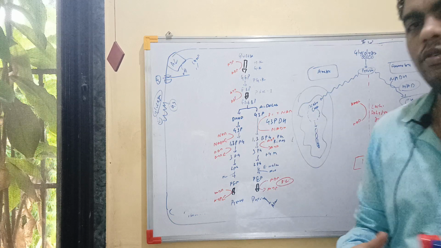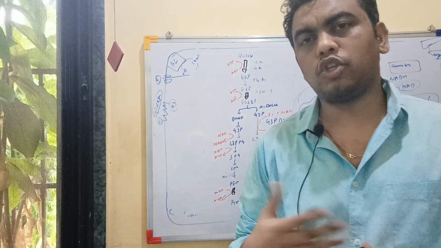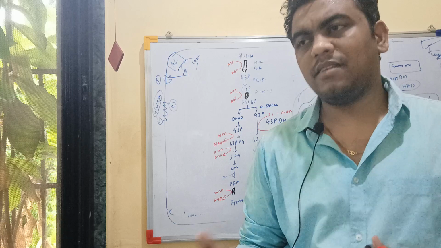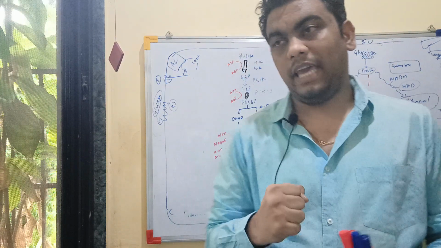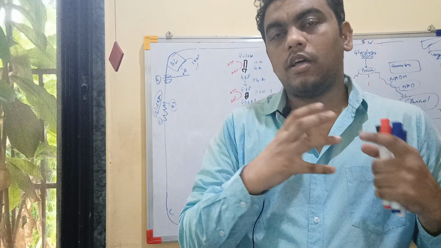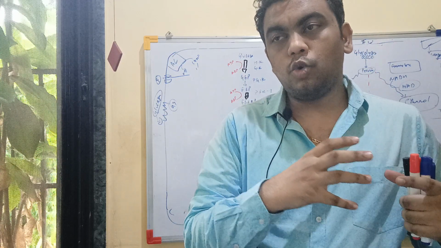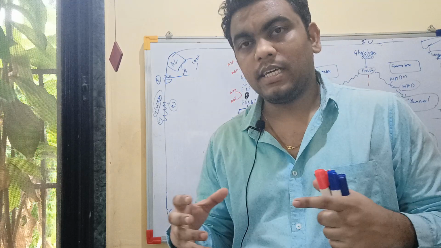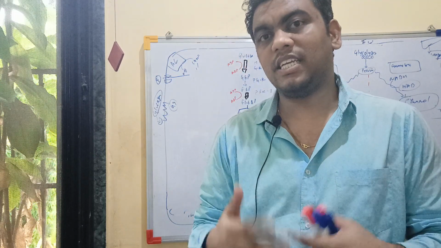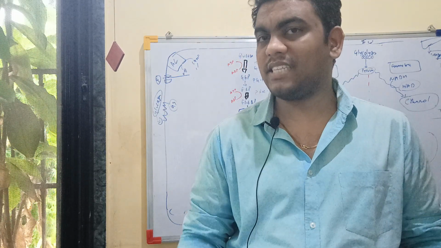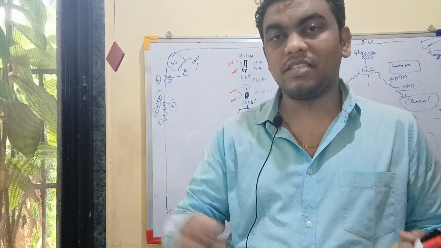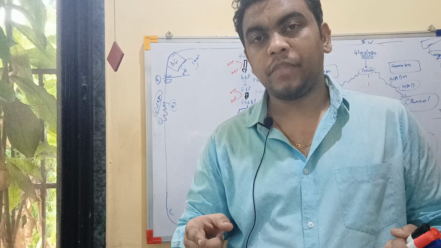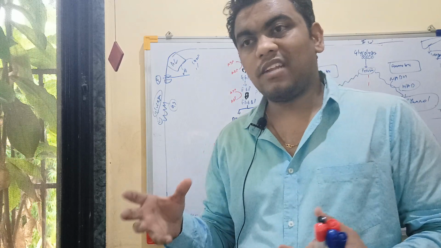Any tissue with heavy use of glucose, for example our muscle cells when we are exercising heavily, the glucose demand is not met by our exercising needs. That means we are exercising a lot, so glycolysis will run very fast.